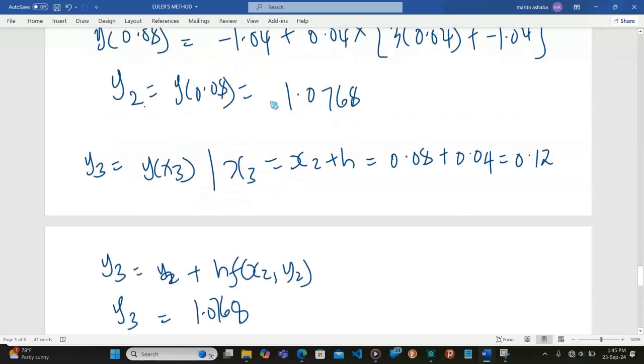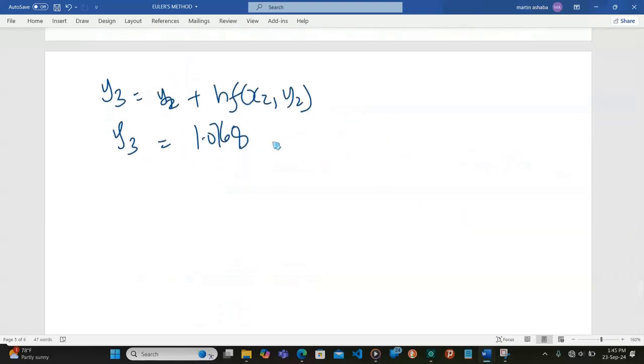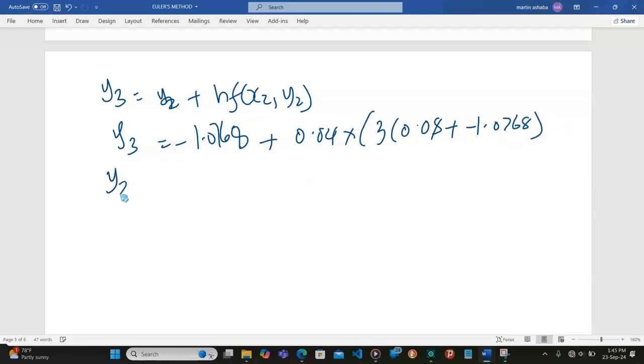This value, remember, is negative. So plus h, which is 0.04, times 3 into x2, which is 0.08, then plus y, which is -1.0768.